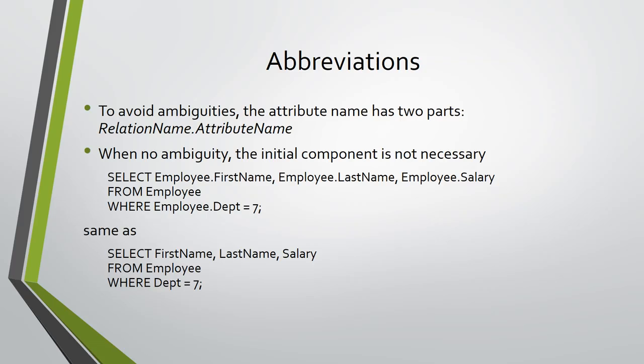Therefore, the statement select employee.firstname, employee.lastname, employee.salary from employee where employee.department equals 7, is the same as the statement select first name, last name, salary from employee where department equals 7.